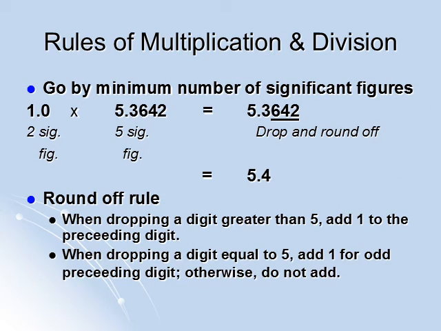Rules of multiplication and division. Say you're multiplying 1.0 by 5.3642. 1.0 has 2 significant figures because 1 is the most significant and 0 is the least significant. 5.3642 has 5 significant figures. When you multiply those numbers, first write down what your calculator is giving you, or you can also do it without using a calculator.